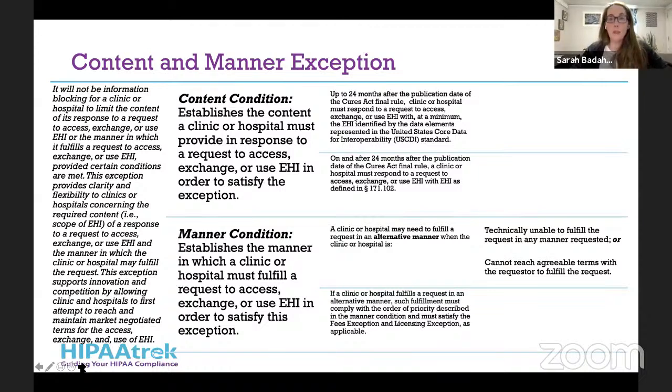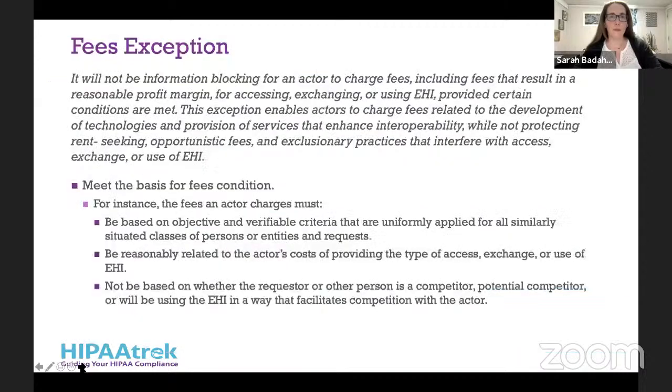If you are unable to reach agreeable terms with the requester to fulfill the request, then you are able to say, well, we can't release the information, because we can't come to an agreement on how this information is going to be released. So that is the content and manner exception.